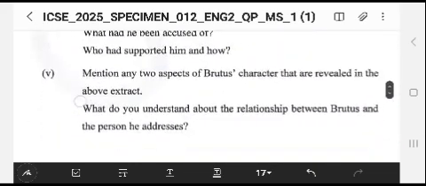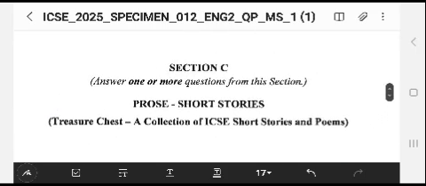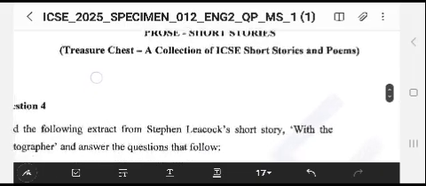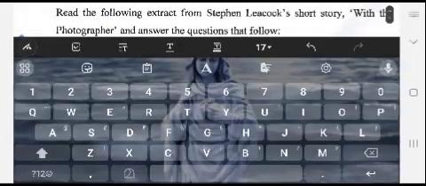Then we are coming to the next part, that is section C. You can select any one or more questions from this part. That is short stories, Treasure Chest. You can see here also the extract is given.